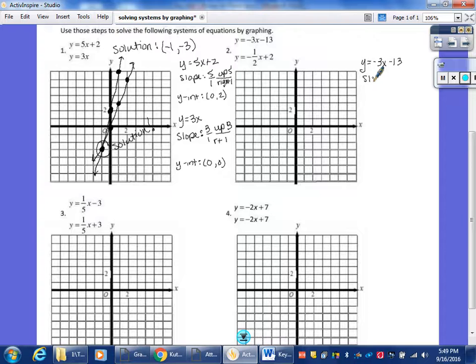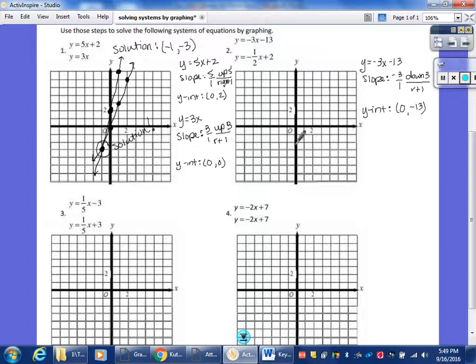The slope for this equation is negative 3 over 1, which means it's down 3 and right 1. And the y-intercept is 0, negative 13. Now, I've noticed that 0, negative 13 is not on my grid.